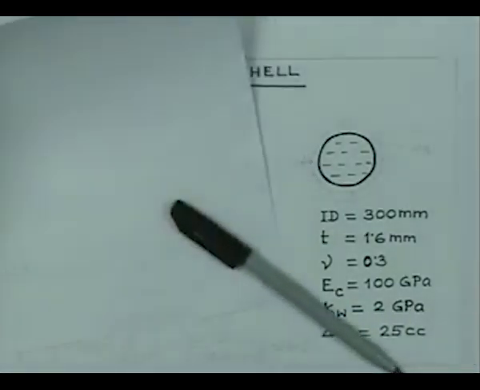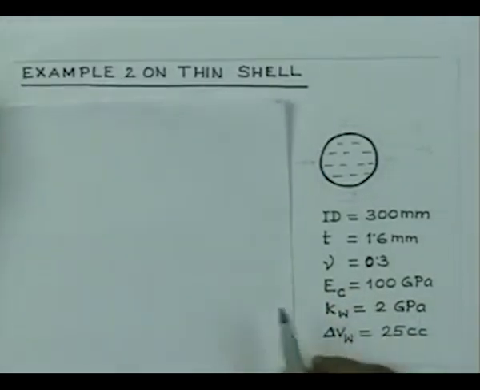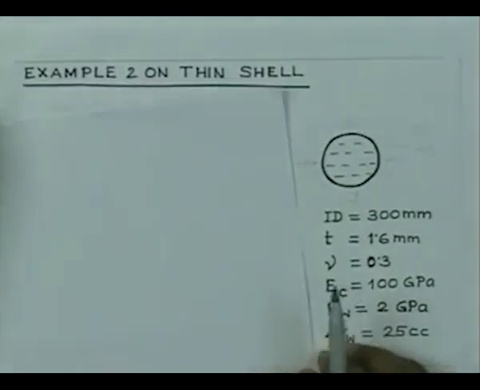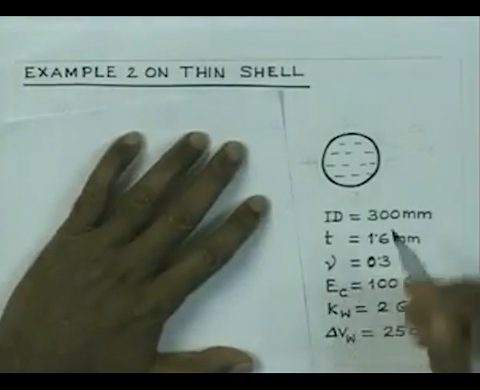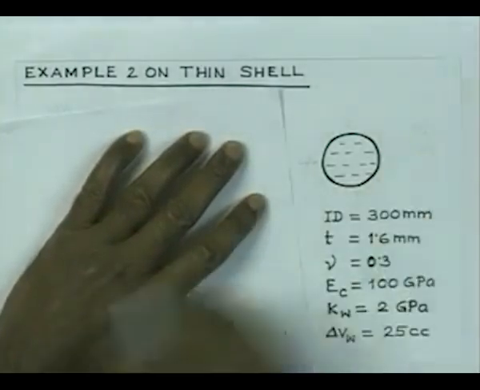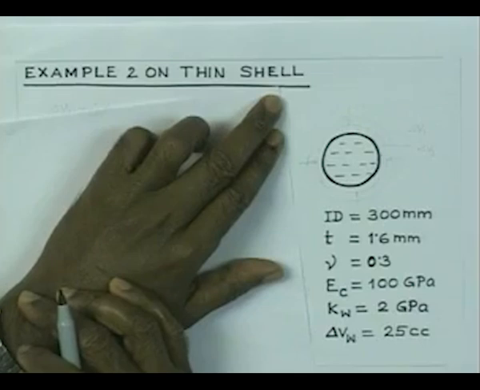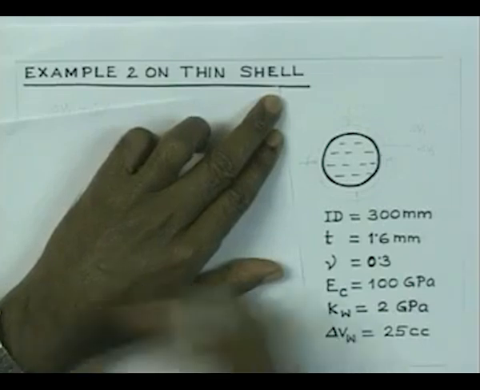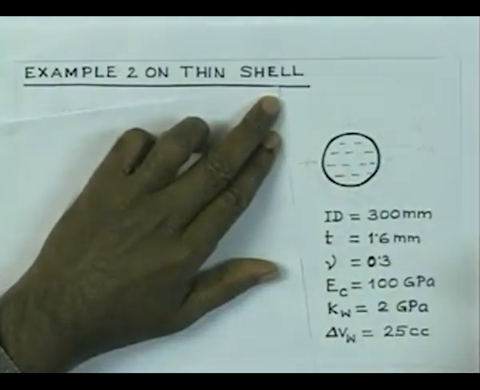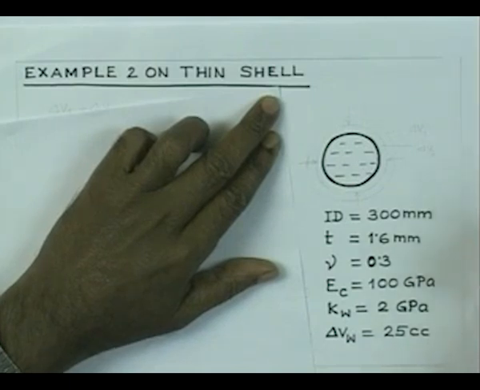Find out the pressure that develops because of this insertion of the fluid. So, extra fluid is inserted into the vessel, and due to that there will be some pressure rise in the vessel. Find out that pressure. How do you go about it?